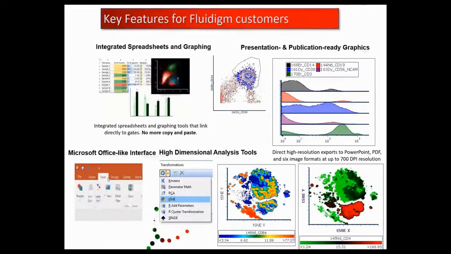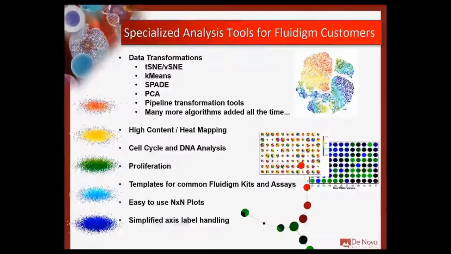You get publication quality graphics right within the software, all in an easy Microsoft Office-like interface. And we have a whole suite of high dimensional analysis tools and more coming all the time to support the cutting edge data analysis that people need, again, right within this very simple Microsoft Office-like framework.